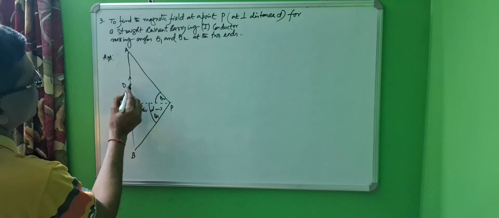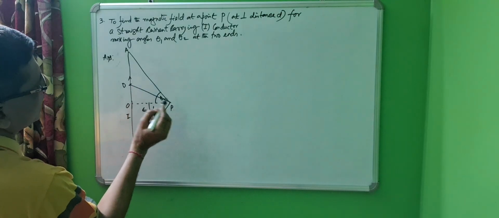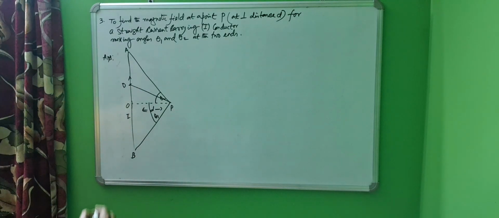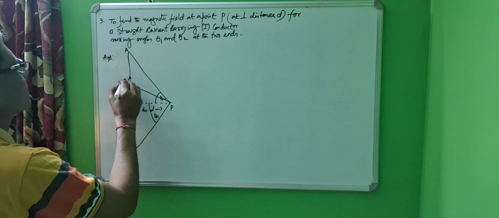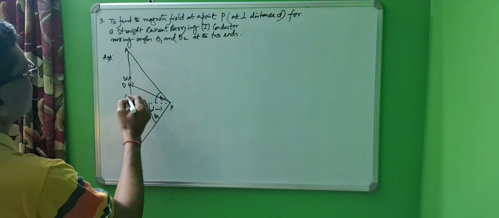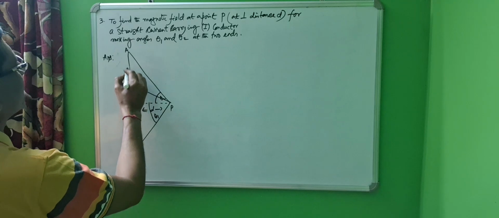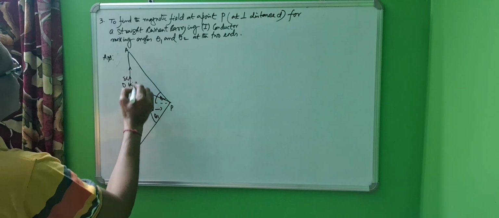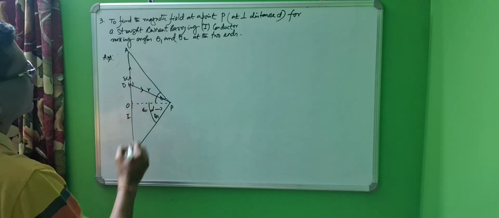Suppose this point D, so take this point D where delta L segment is taken here, with delta L and R vector.